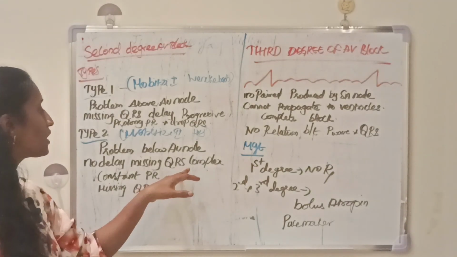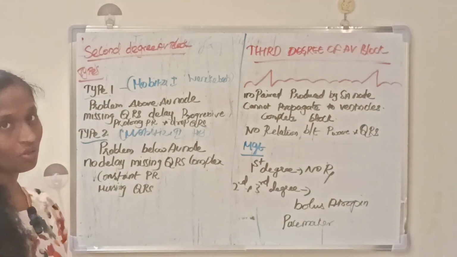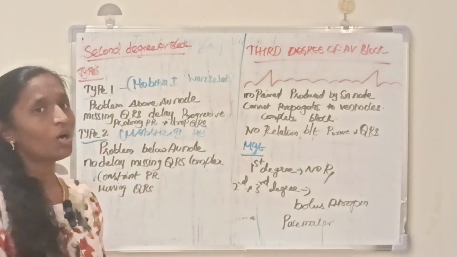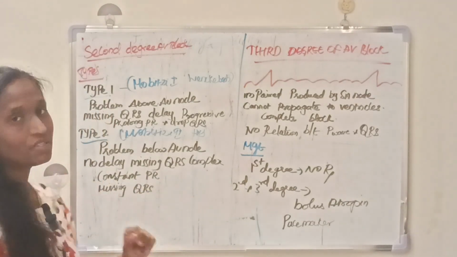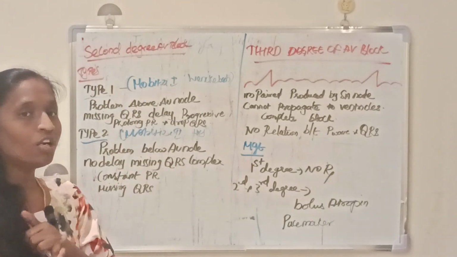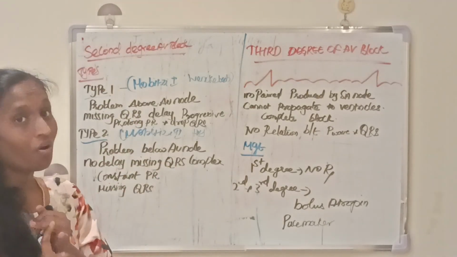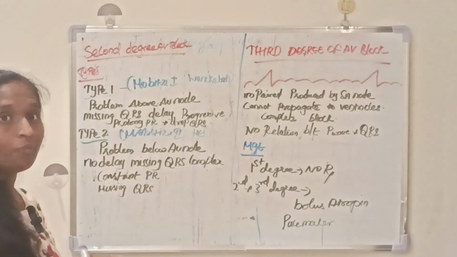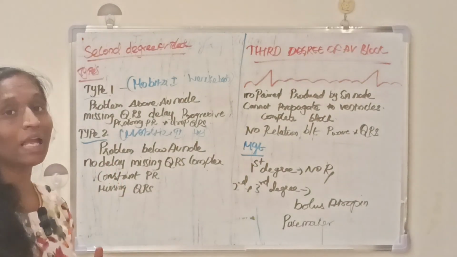There is a missing QRS complex, with a constant PR interval. In type 1, progressive prolonged PR interval. Type 2, constant PR interval. Understand? This is the main difference between type 1 and type 2 of second degree AV block.